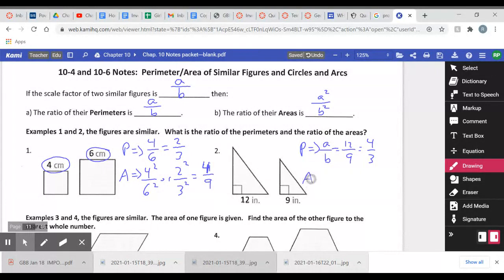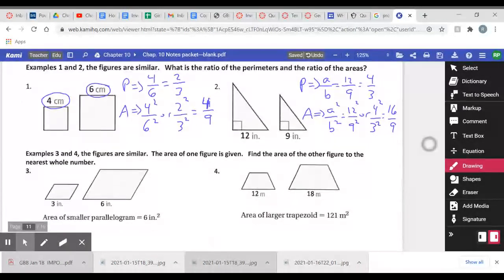Okay, the ratio of the areas, like we already said, is a squared over b squared. So again, I could do 12 squared over 9 squared and then reduce that down. Or I could just go ahead and do my reduced down version, 4 squared over 3 squared. And when I do that, I get 16 over 9. That just gives me my answer sooner.